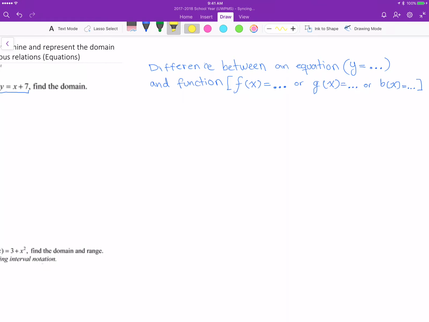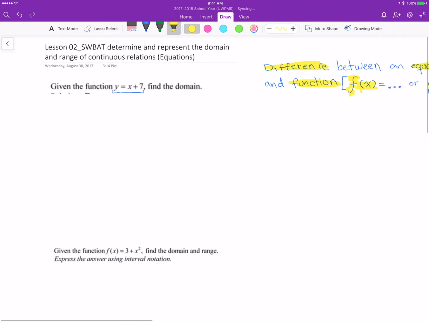It's the only difference. So the difference is that an equation is y equals, and in a function it has this notation. Okay, that's it.